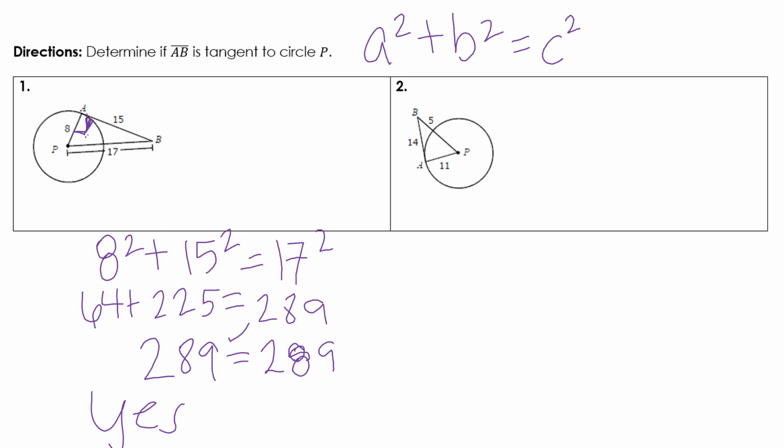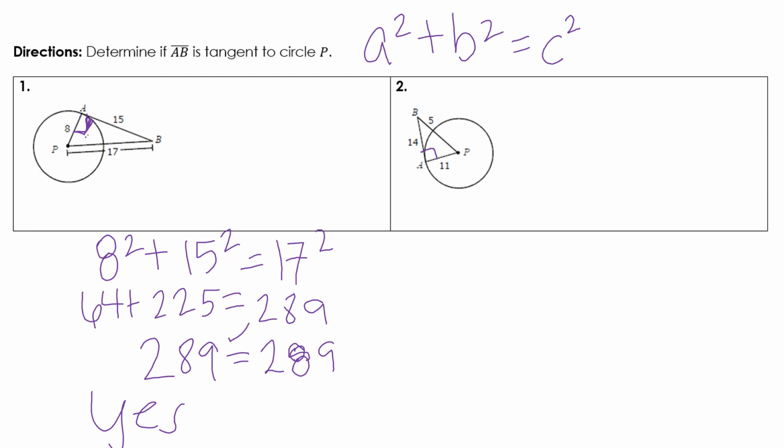On number 2, you're going to need to make sure you look at these pictures very carefully. So if it's a right angle, it's angle A, that's going to be the right angle, which means 11 is the leg and 4 is the leg. That 5 is not the hypotenuse. It's just the outside piece of the hypotenuse.